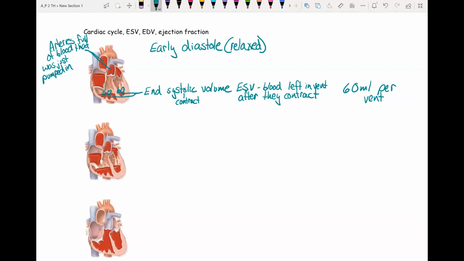So you have your AV valves here and here. We can see the pulmonary semilunar valve. You can't really see the aortic semilunar valve very well. It's kind of tucked up under there. But all four valves are closed right now.